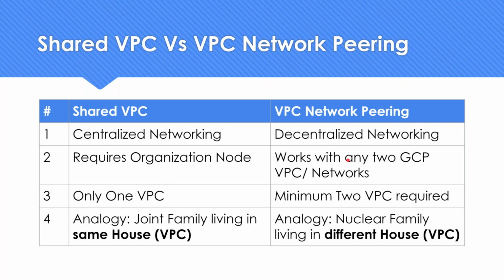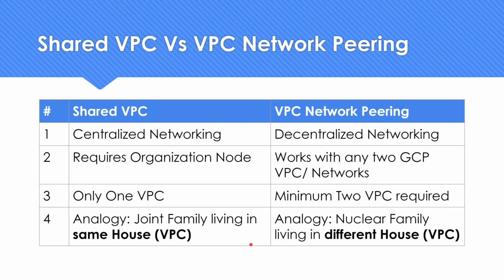Here, I only need two GCP networks. Whether it's a free trial account, paid account, does not matter. It works basically. And an organization node is not at all a mandatory constraint here. Basically, in shared VPC, one VPC is good enough for me to do everything. That's what we saw. Here, minimum two VPCs are required.